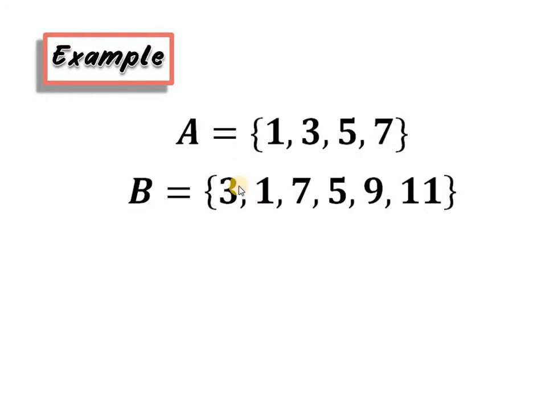A is equal to 1, 3, 5, 7, and B is equal to 3, 1, 7, 5, 9, 11. Identify if the elements in A is also an element of B. Or does A is a proper subset of B.